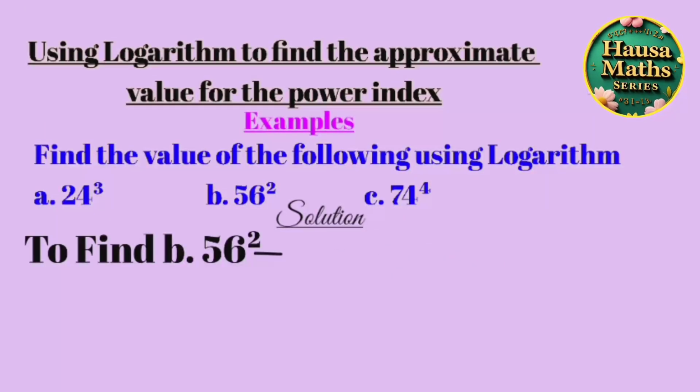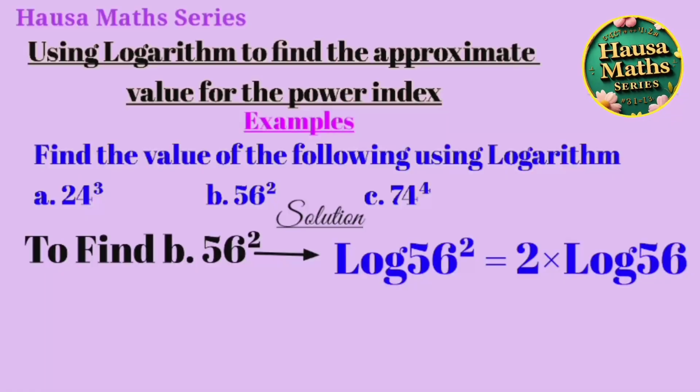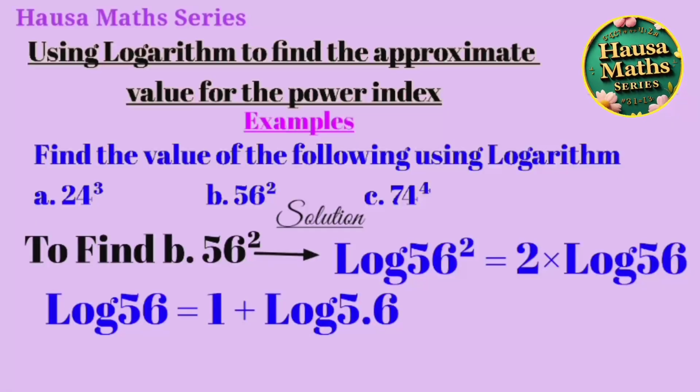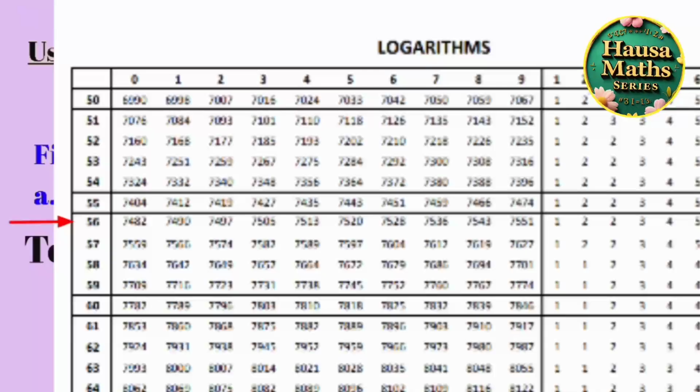To find b, 56 raised to power 2, we follow the same process. Log 56 raised to power 2 is equal to 2 times log 56, as in the rule. Log 56 is equal to 1 plus log 5.6. This is 56 under 0, we have 0.7482.